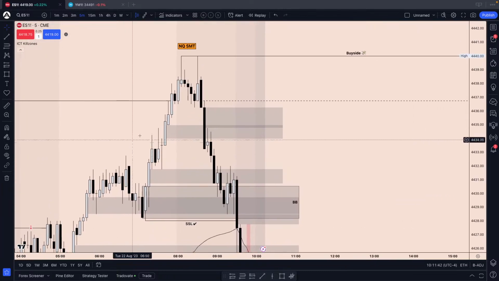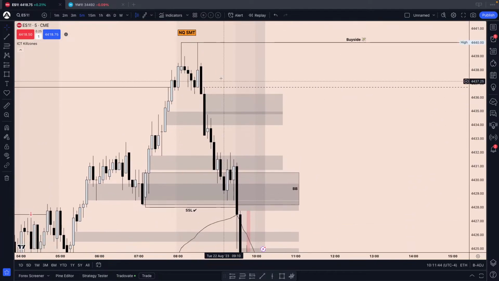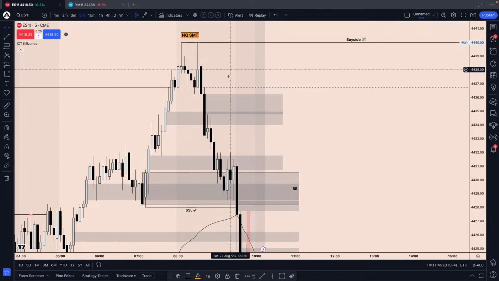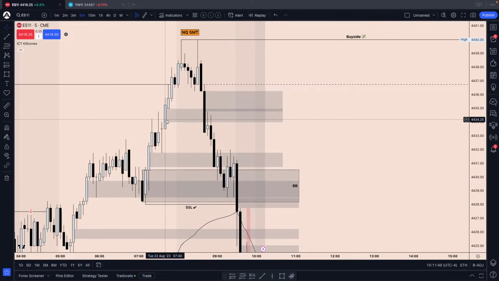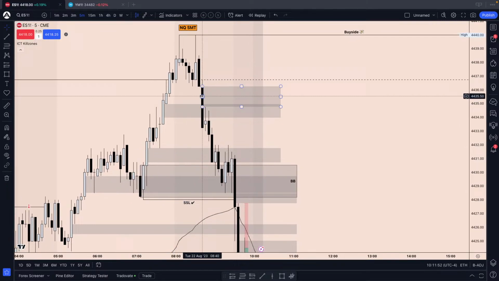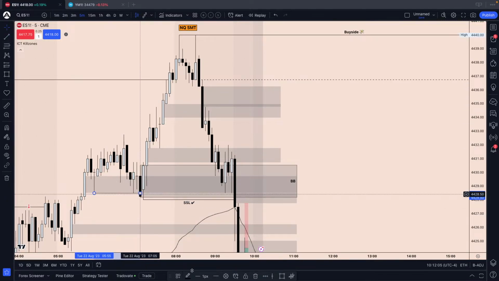Continued higher. Yeah, and then we took out that daily buy side, had NQ SMT, close below that most recent bullish fair value gap really. This is the one that had my attention if I would have been trading since 8 AM. We closed below it, used it as inversion, continued to deliver lower. Then we had this bearish breaker block right here, because what we did to the left is we cleared a short-term low.